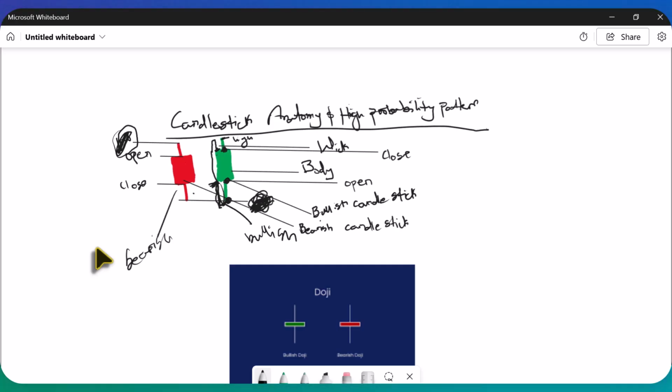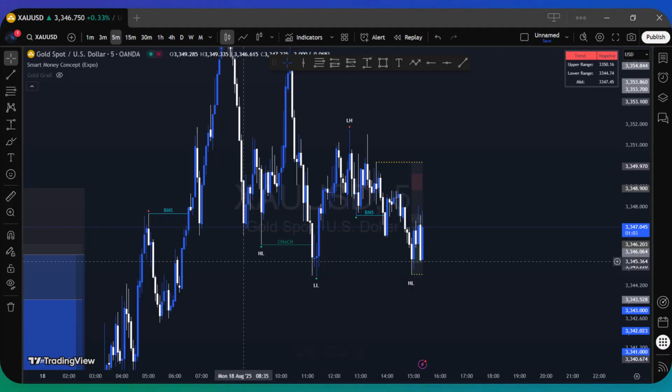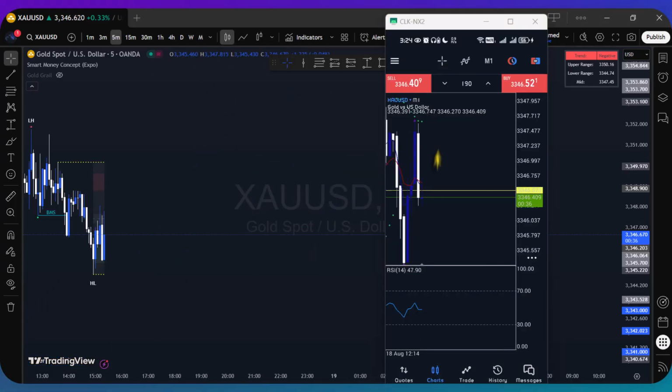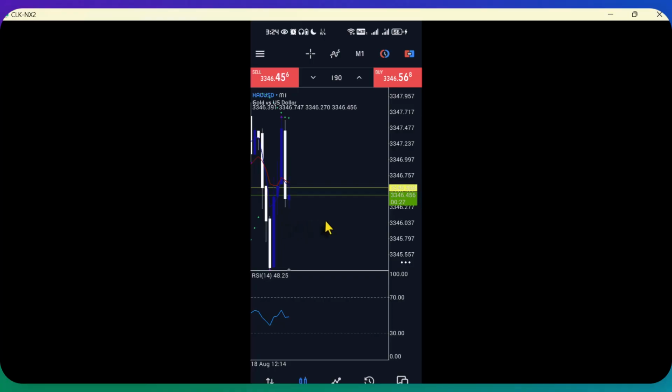Let me show you how it forms. Let me show you a 1 minute example. This is how a 1 minute example is going to look on your MetaTrader 5. You should see something like this.